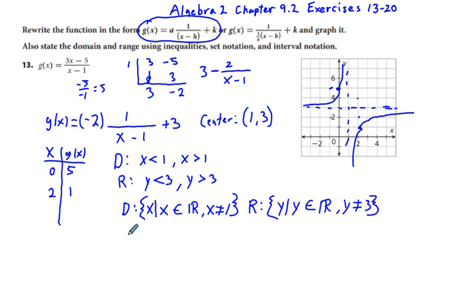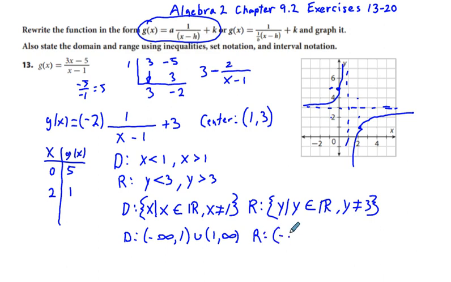And finally, in interval notation, we have domain. We have greater than negative infinity to less than 1, union, greater than 1, less than positive infinity. And our range can be very similar.